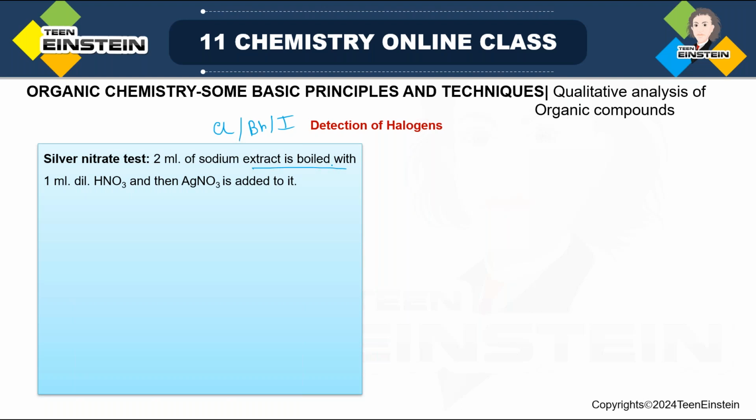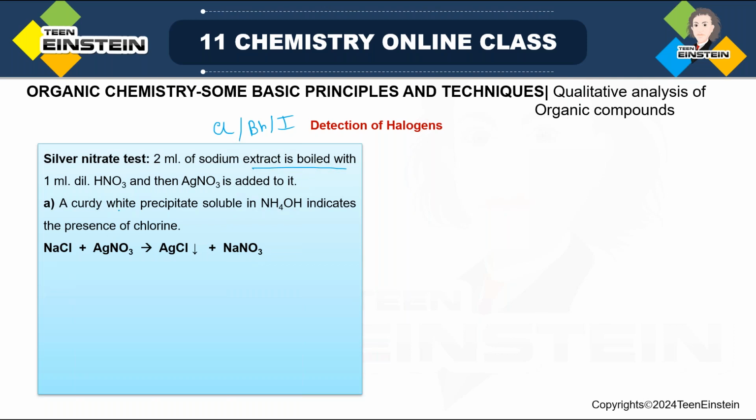Now depending on whether Cl is present, Br is present or iodine is present, there will be a slight difference in observation. Try to understand this observation, because this difference will help you differentiate which halogen is actually present. You know that some halogen is present, but which halogen is present, that also you have to know.